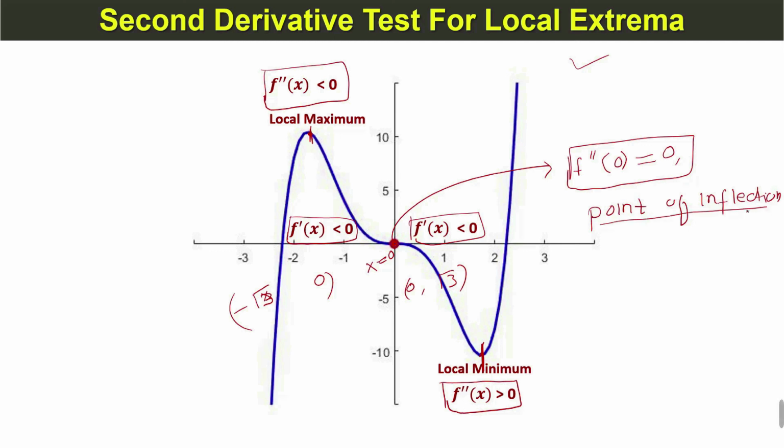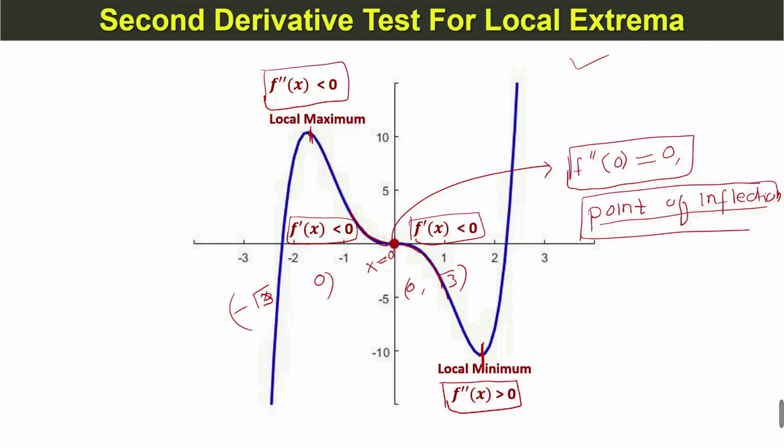And what is a point of inflection? A point of inflection is where the function changes its concavity. We can see that here the function is changing its concavity: here the function is concave up, and here the function is concave down. You can watch the lecture related to the point of inflection.